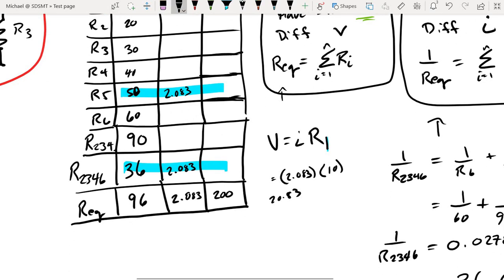For resistor 5, we have 50 ohms. We have a current of 2.083, for a value of 104.2 volts.